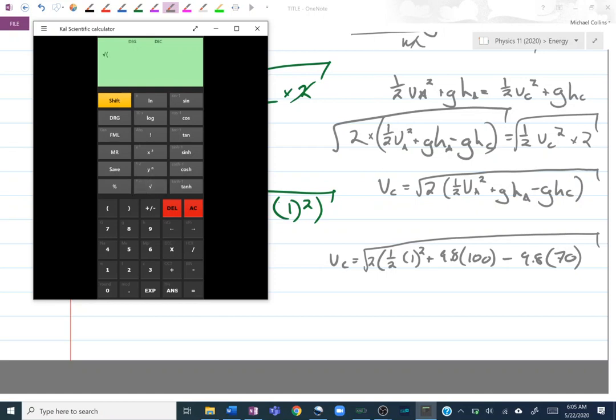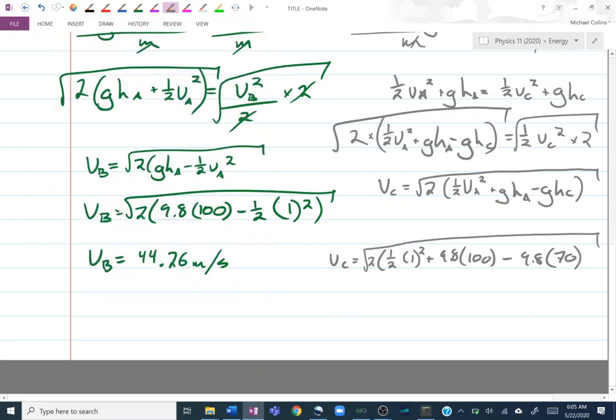I'm going to take the square root of 2 times, open that bracket, 0.5 times 1 squared plus 9.8 times 100 minus 9.8. I missed a decimal there. 9.8 times 70. Close bracket, close bracket for the square root, and I end up with velocity at C is 24.3 meters per second.